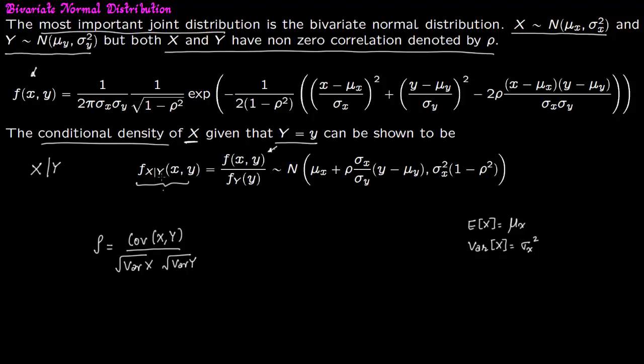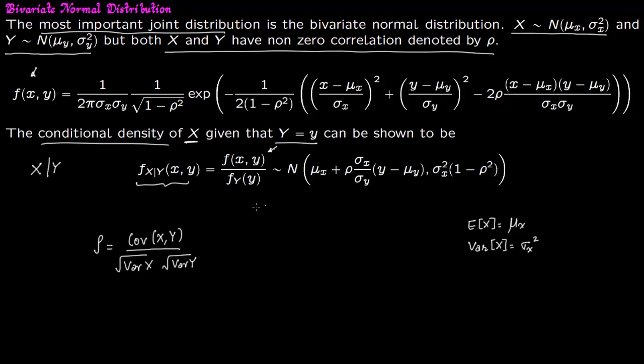So x conditioned on y is again a normal distribution. The mean of that distribution is mu x plus rho times sigma x by sigma y times (y minus mu y), and the variance of this conditional distribution is sigma x square times (1 minus rho square).